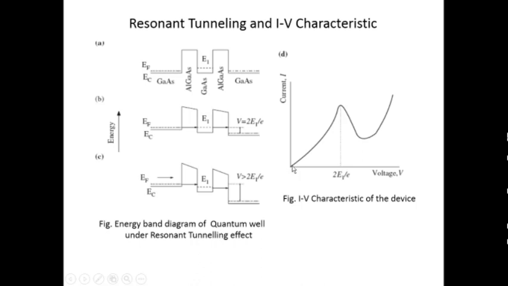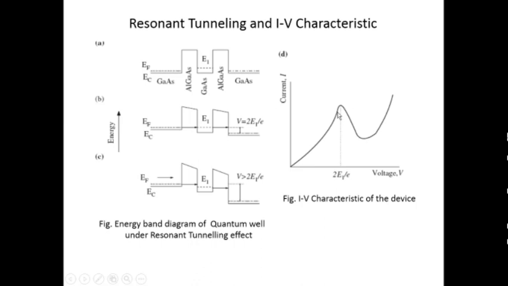It means the current in the quantum well will increase pretty steeply like this, and reach what we usually call the peak value of current at a voltage 2E1 by E. So when the voltage V is equal to 2E1 by E, the current becomes the peak value.